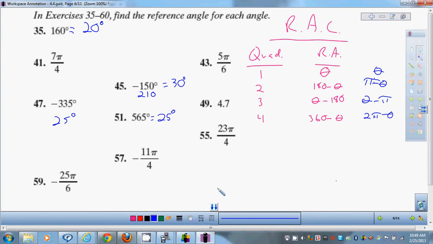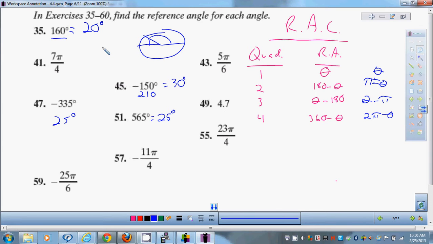The reference angle is the quickest distance between your angle and the x-axis. So 160 is in the second quadrant, so you use this formula: 180 minus 160 is 20. The angle is given to you. The only thing you might have to do is find a coterminal angle between 0 and 360 or between 0 and 2 pi. Does that clear it up?